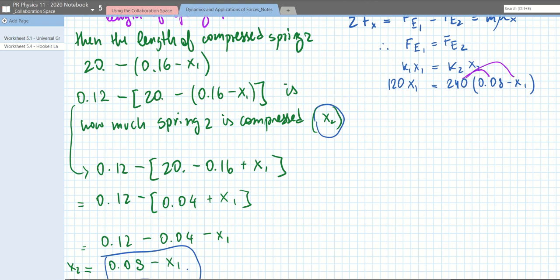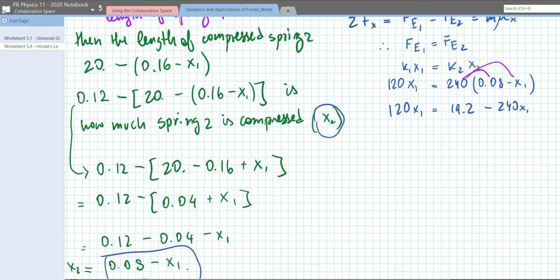Multiply this by that and by negative x1. So 120 x1 equal to 240 times 0.08 is 19.2 minus 240 x1. All right, so let's move the 240 x1 to the right side.